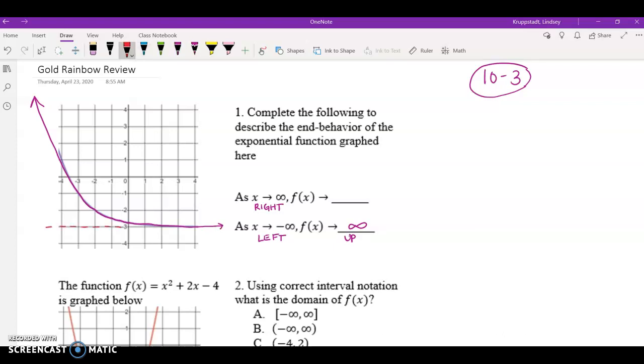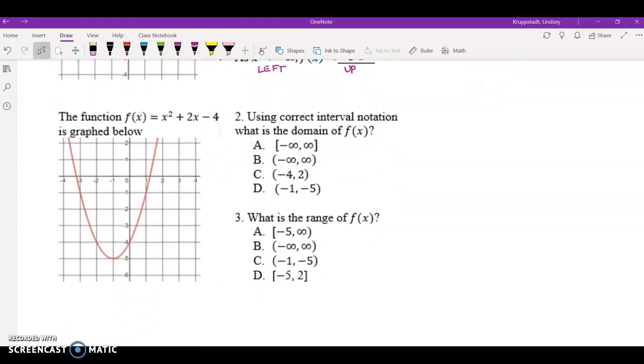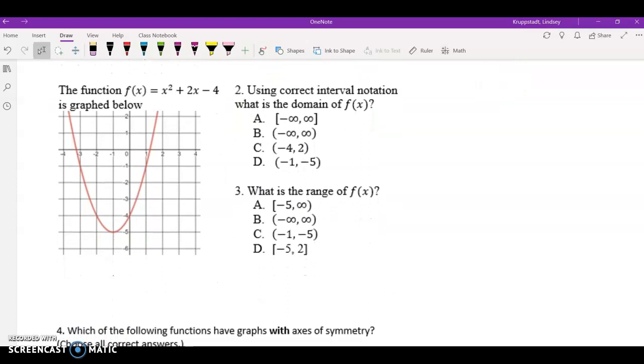So exponential functions are those special functions we learn that have that imaginary line that the graph gets close to. So these are going to be the ones that have a little bit different answer for end behavior. So as we're going to the right, we're not going down, we're actually getting really, really close to -3. Okay, so exponential functions are kind of special in that they are approaching a number, not necessarily infinity or negative infinity.